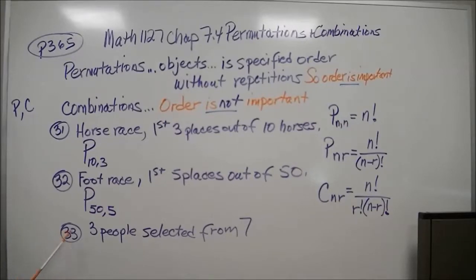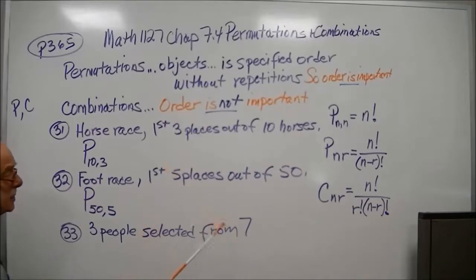Okay, and you're wondering how many different ways can 3 people be selected from 7? Let's say you want to form a subcommittee. In fact, that's what this is. I've shortened it. 7 to choose from, you want to select 3 people. Is order important?